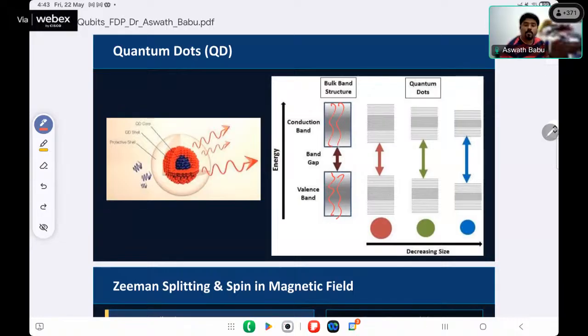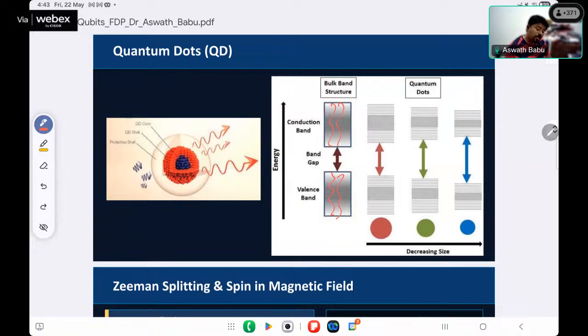Now, if I manipulate the band structure by doping and so on, we can confine a certain amount of electrons within a certain region. They are going to have a band structure in such a way. Individual electrons are going to have individual levels.